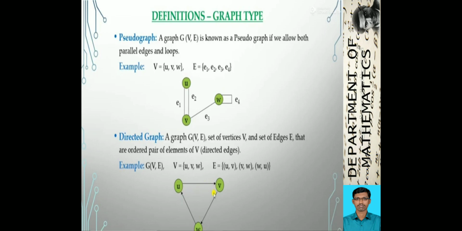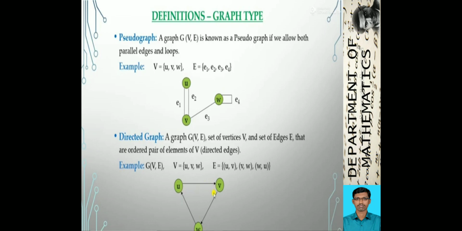Here we have three vertices U, V, W; we have parallel edges, and at vertex W we have a loop. This is called the pseudograph.